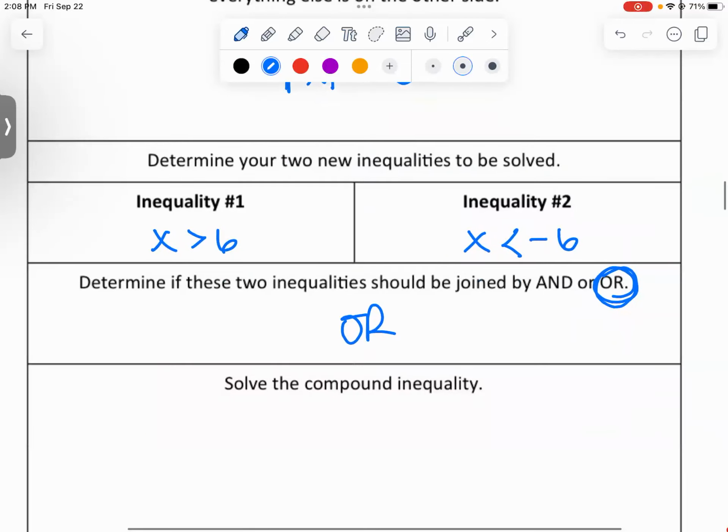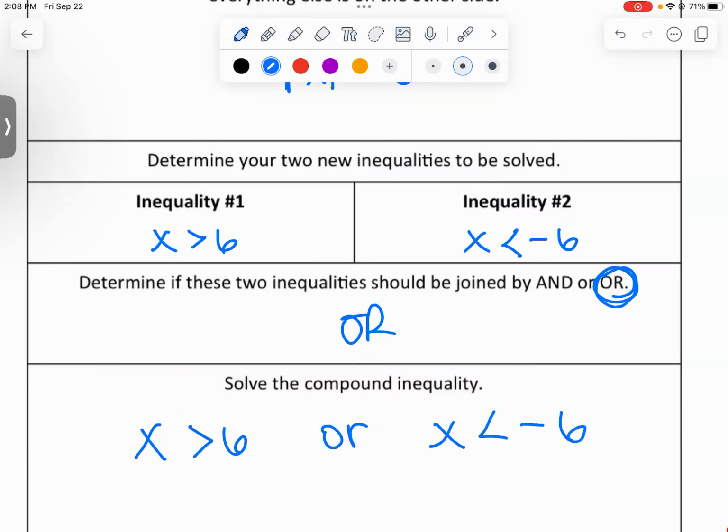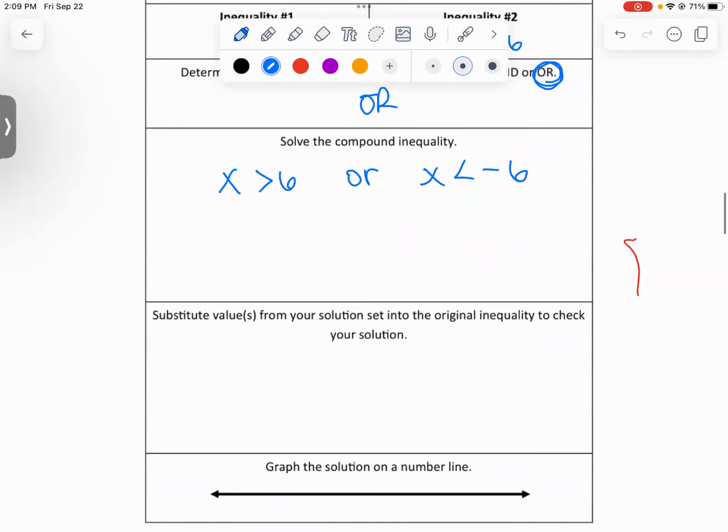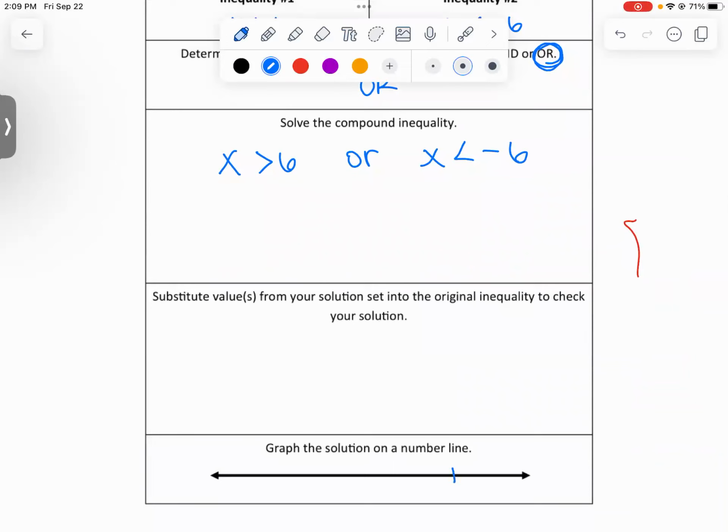So we have X is greater than 6 or X is less than negative 6. So we have an open circle at 6, shaded to the right, and an open circle at negative 6, shaded to the left.